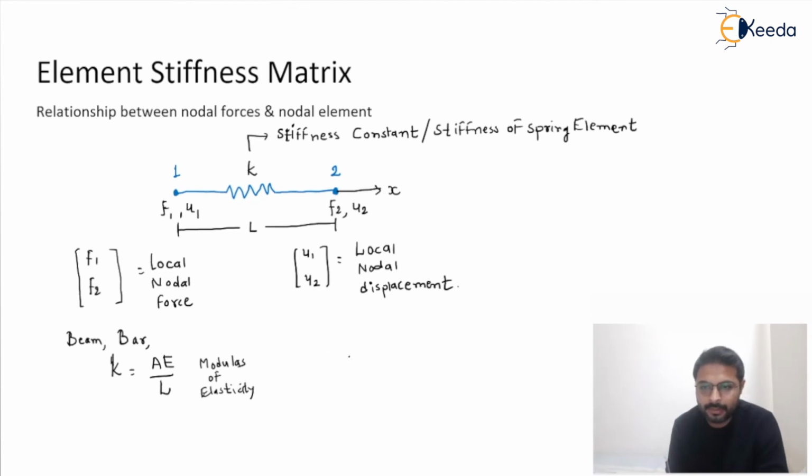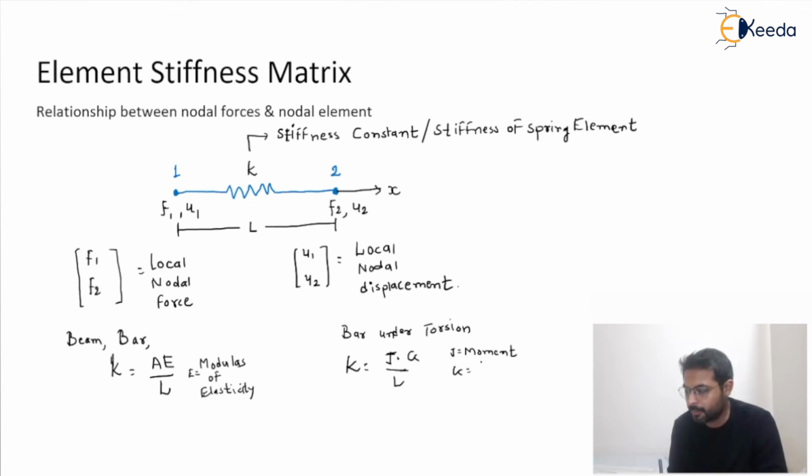If we consider a bar under torsion, that is also for the same structural problem, but instead of capital A, it will be J into capital G divided by L. J is the torsional moment of inertia, and G is the modulus of shear or shear modulus.